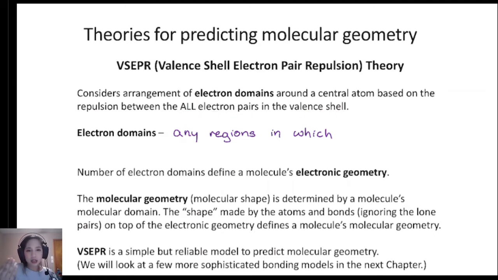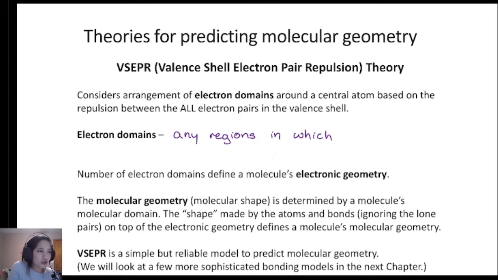So let me finally define electron domain. Electron domains are any regions in which we find valence electrons.